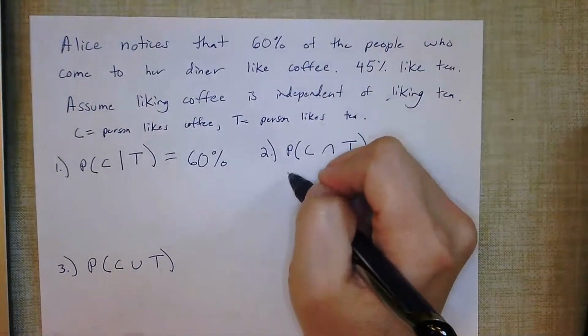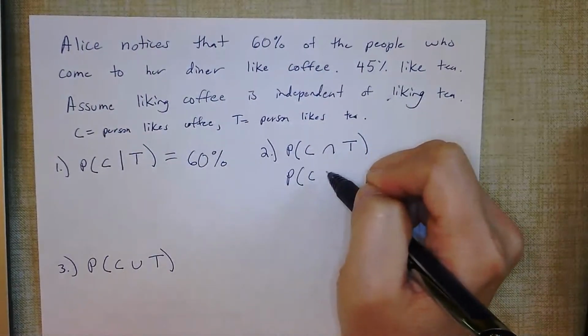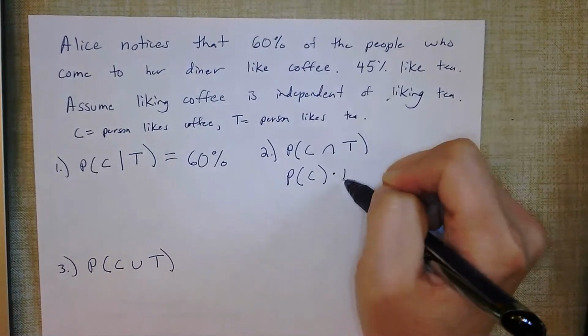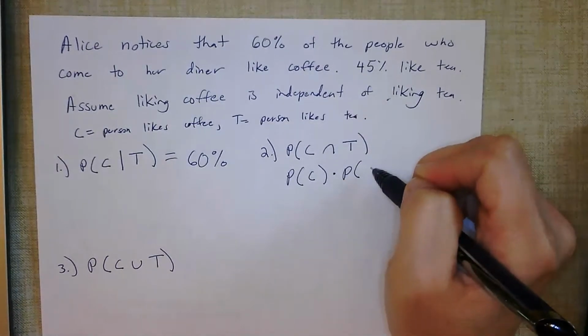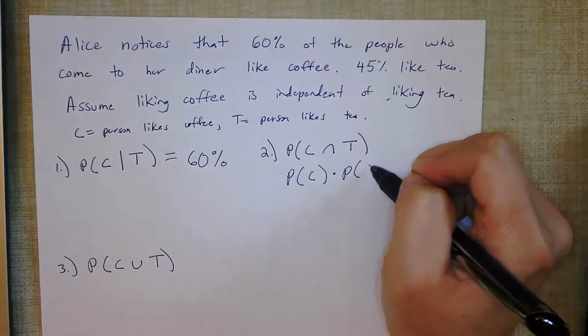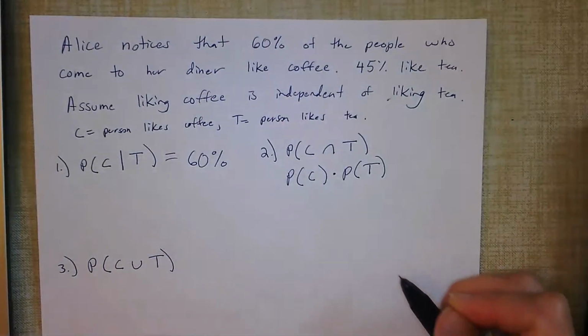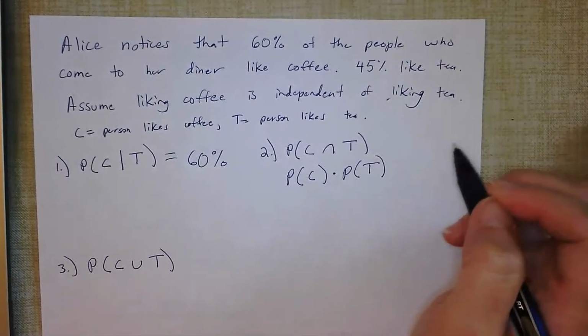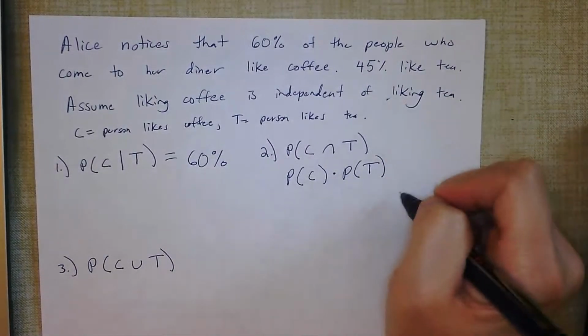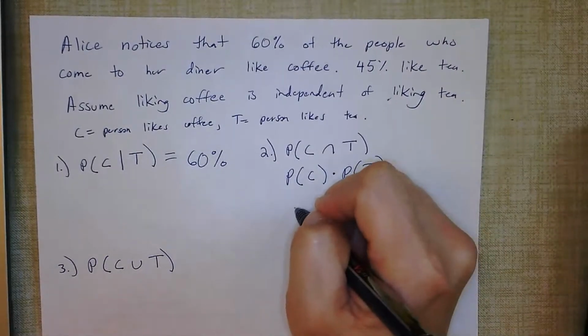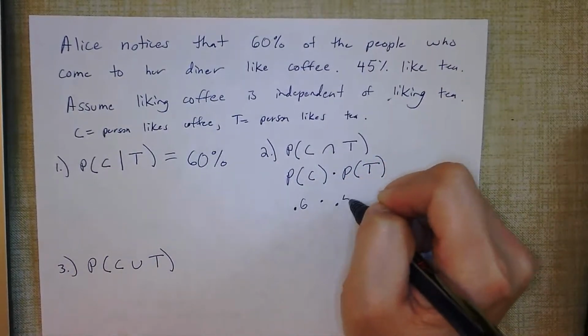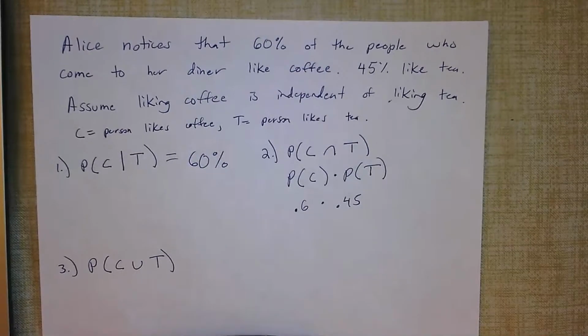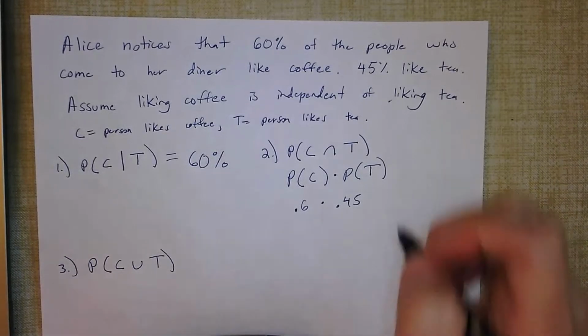If we go probability of coffee, we don't need to do tea given coffee because we know they're independent events, whereas before, maybe they were, maybe they weren't. Dice are always independent, but I just wrote it out like they weren't, just to make a point. So 0.6 times 0.45 is 27%.